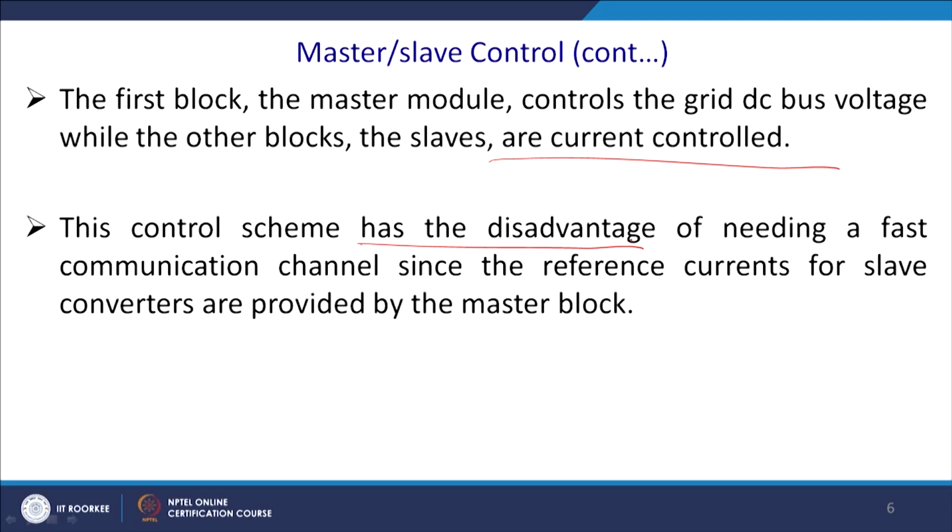This control scheme has a disadvantage: it needs a fast communication channel, because once a load change occurs, the DC transient phenomena are quite severe. It does not have a zero crossing, it is a step change.